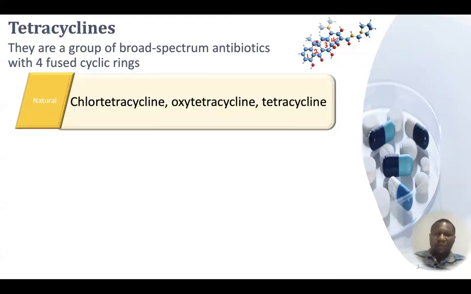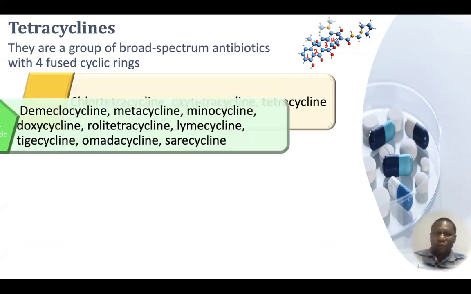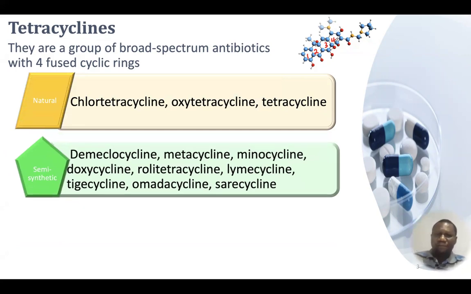Now let's come to some of the examples of these tetracyclines. So the natural ones that we isolated from the microbe, we have chlortetracycline, which was the first one, oxytetracycline, and then tetracycline itself. Then those that came by modifying the natural ones, we have demeclocycline, metacycline, minocycline, doxycycline, rolitetracycline, lymecycline, tigecycline, which belongs to a subgroup we call the glycylcyclines.